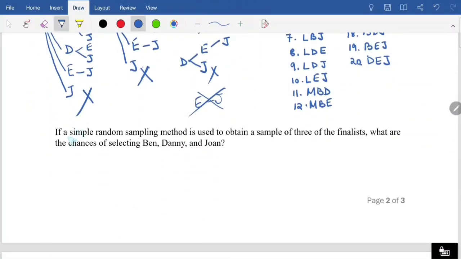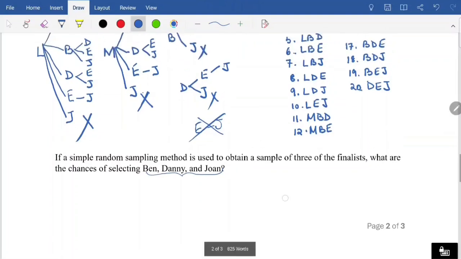Now, there's a follow-up question here. It says, if a simple random sampling method is used to obtain a sample of 3 of the finalists, what are the chances of selecting Ben, Danny, and Joan? So that means it's asking, what is the chance of getting a combination that will have Ben, Danny, and Joan as a combination?